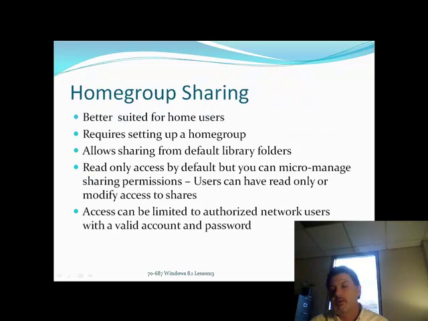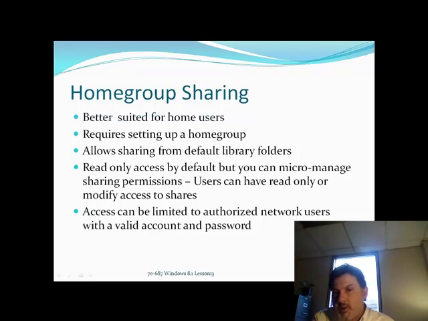Okay? So, last but not least, home group sharing is fairly new. It came out with Windows 7. It is designed for and better suited to home users, and it brings together the best of both worlds, a nice compromise between any folder sharing and public folder sharing, where we can allow sharing from our default library of folders.